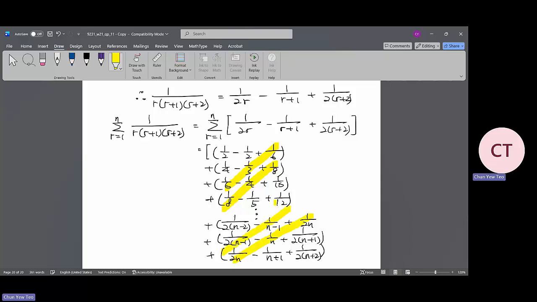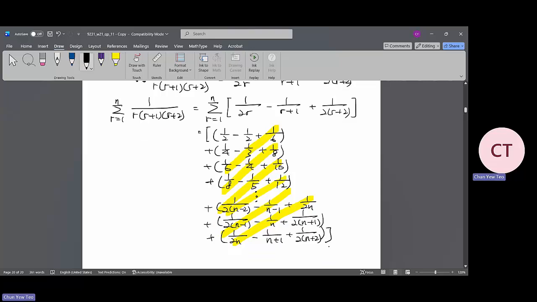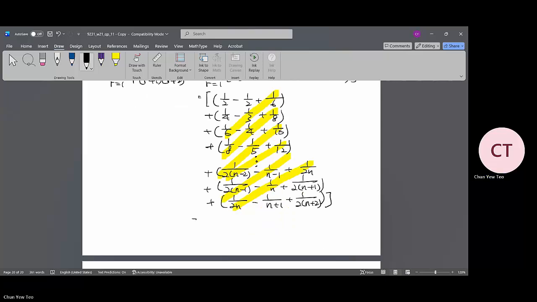So the pattern will behave in such a way that at the end, the remaining answer will be this, equal to half minus half plus 1 over 4 plus half, 1 over 2 n plus 1 minus 1 over n plus 1 plus 1 over 2 of n plus 2.